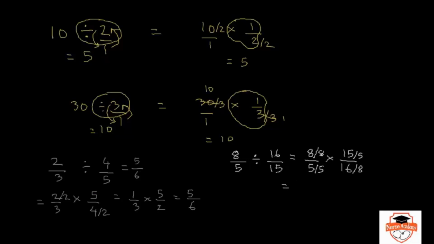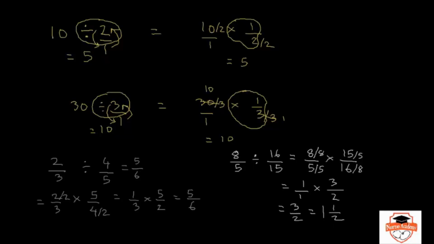So you get 1 over 1 times 15 divided by 5 is 3 over 16 divided by 8 is 2. So this is 3 over 2, an improper fraction, top heavy fraction, so it can be changed over to the mixed number 1 and 1/2. Therefore, 8/5 divided by 16/15 is 1 and 1/2.